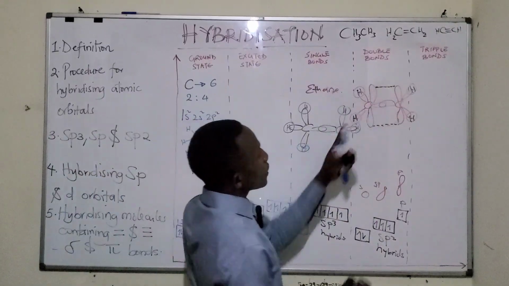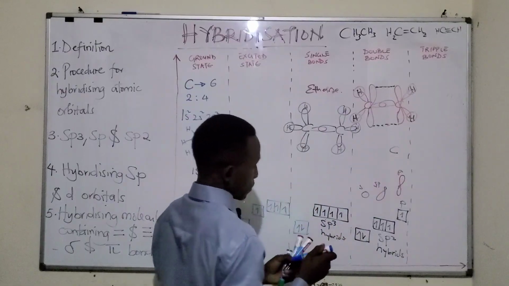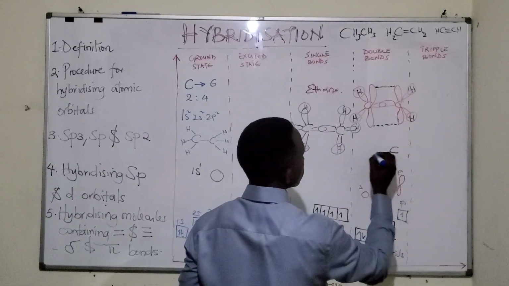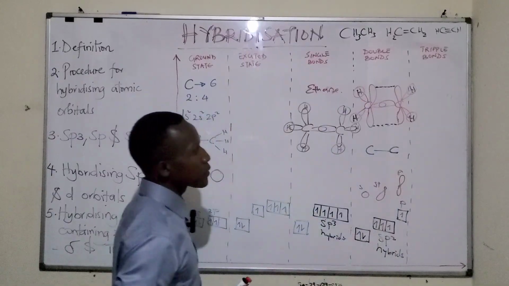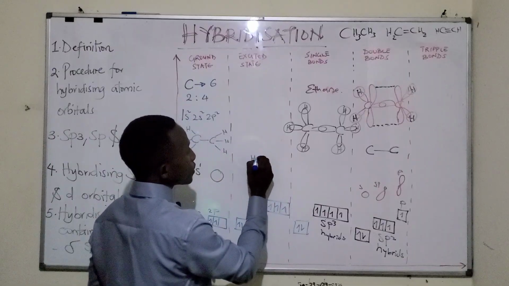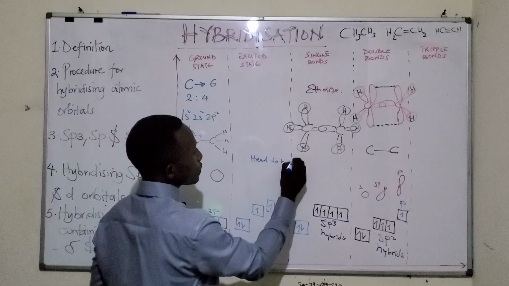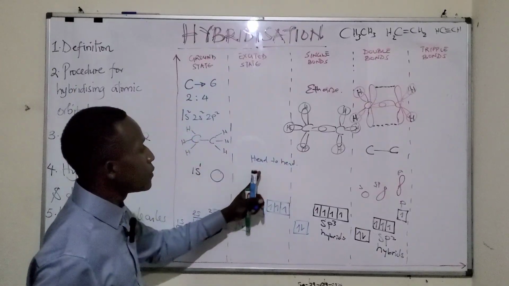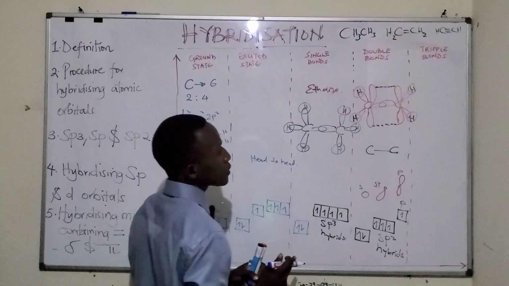So in ethene, we have a carbon having a sigma bond. A sigma bond is formed head to head, by this electron and this electron.